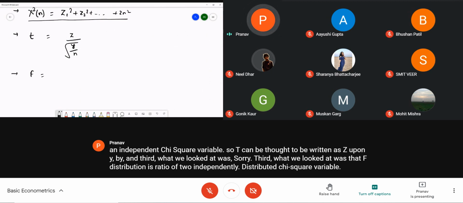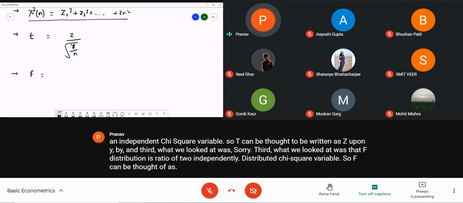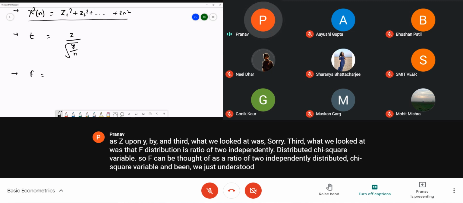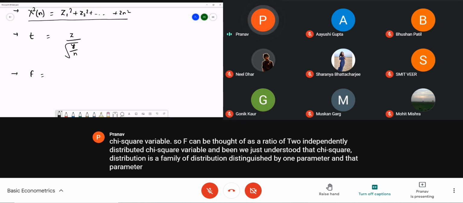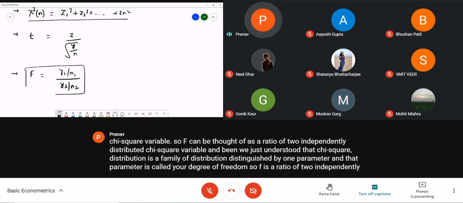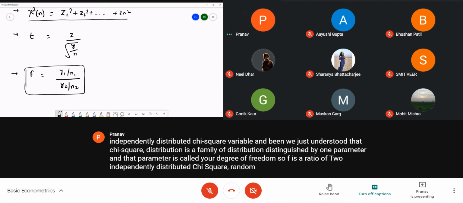So f can be thought of as a ratio of two independently distributed chi-square variables, and we just understood that chi-square distribution is a family of distributions distinguished by one parameter, and that parameter is called your degree of freedom. So F is a ratio of two independently distributed chi-square random variables.